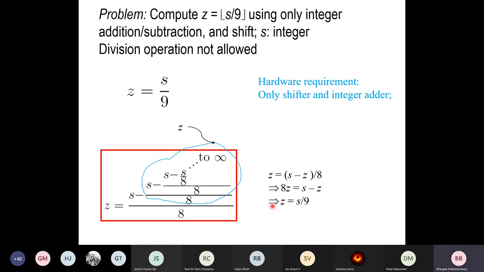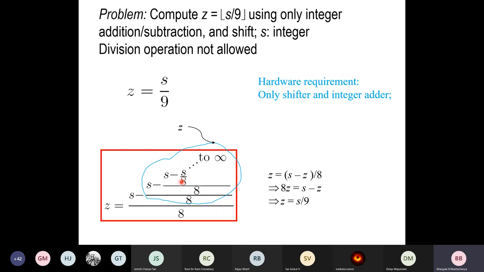So now what I'm going to do is an approximation. I cannot do this up to infinity, but I can repeat this up to a certain number of steps, maybe 3-4 steps, and that would serve my purpose. So I start with S, I shift right 3 bits, which is equivalent to dividing by 8, and then I do the subtraction.